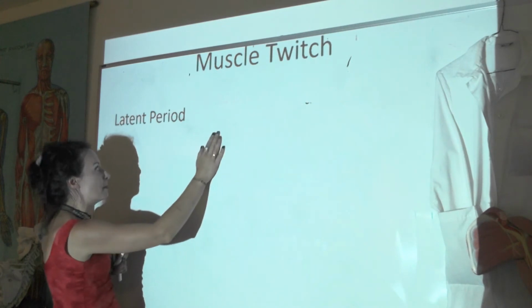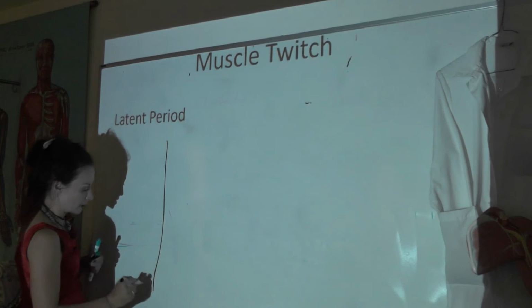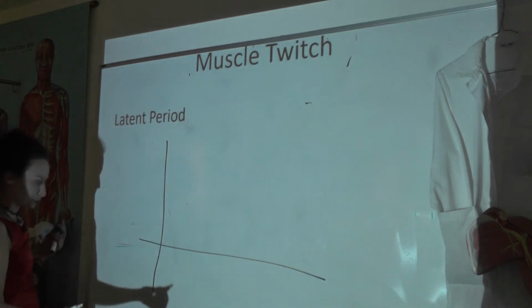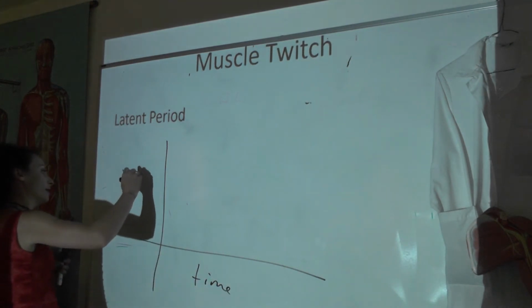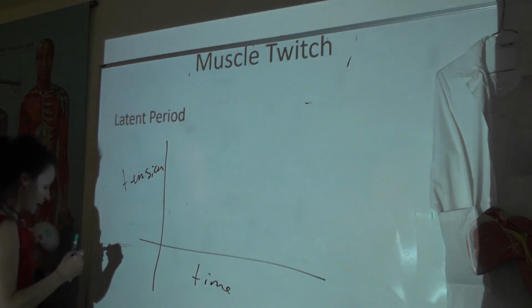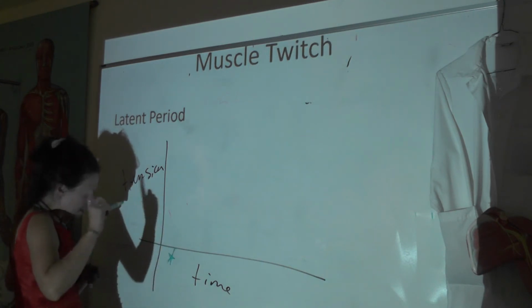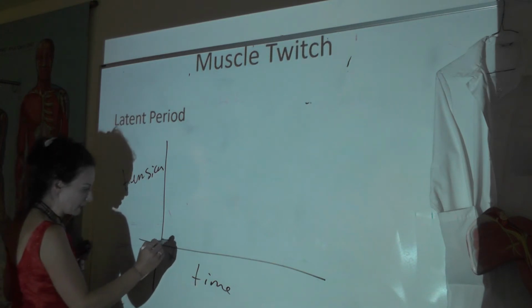Okay, so what happens in a muscle twitch? Let's look at a graph of this, with time here and tension here. The point of stimulus, the point at which I send down this action potential down my lower motor neuron, is right here.